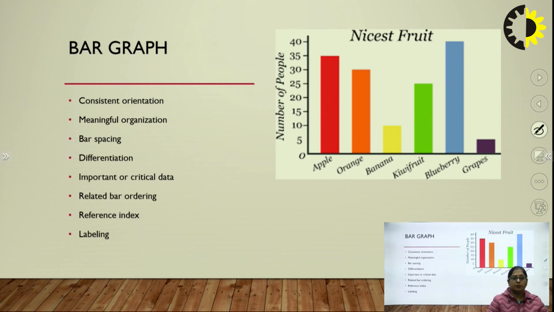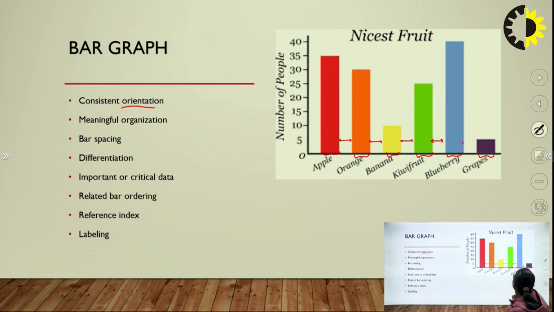Bar graph. The bar graph has a consistent orientation. You can see here there is a consistent orientation. The same interval is used for every bar. That's why it is called consistent orientation. Meaningful organization: for every bar there is a meaning. Bar spacing: you can see here there is equal bar spacing between the two bars.